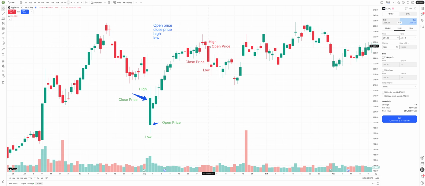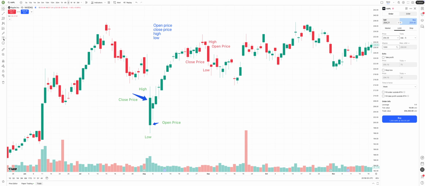So as long as price closes below the opening price, the candlestick will be red. And that's all this represents. Every candlestick represents a specific time frame and what we call price action. The collective of these candlesticks represents price action.